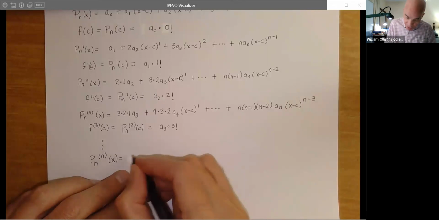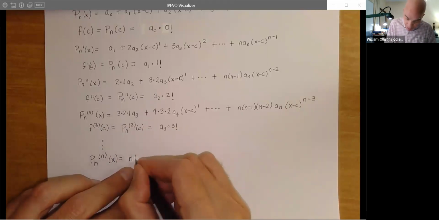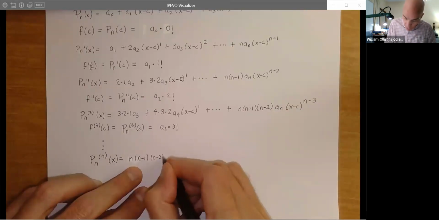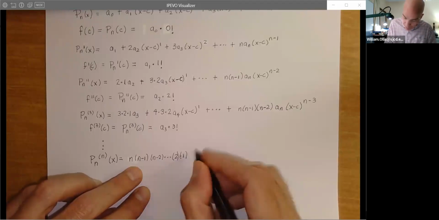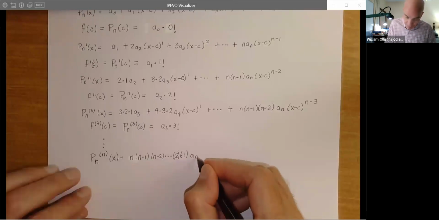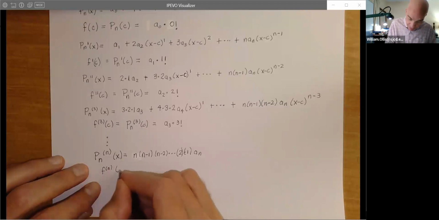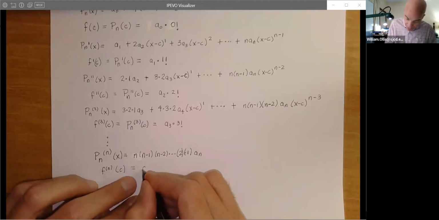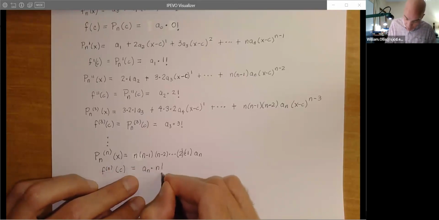So let me write this down. This will be n times (n minus 1) times (n minus 2) down to 1, and then a sub n. And so the nth derivative at c will just be a sub n times n factorial.